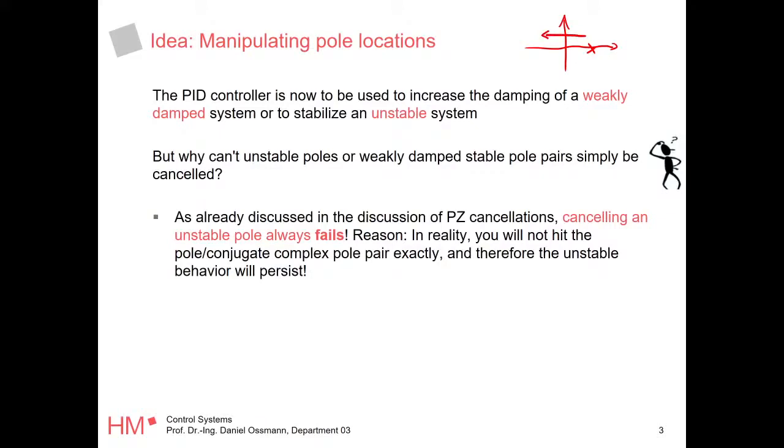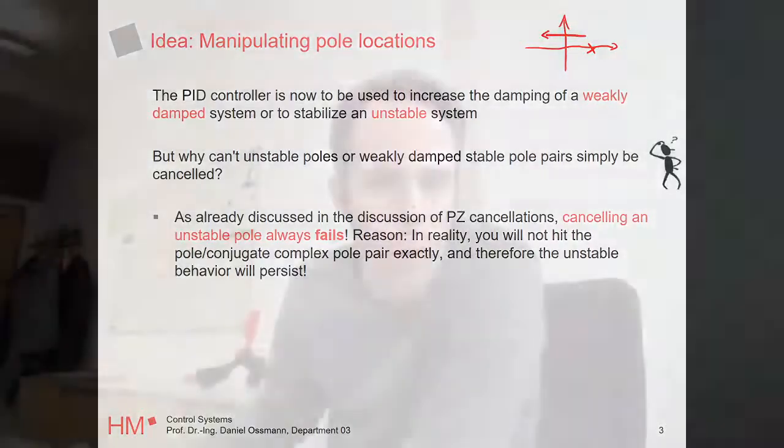Because if your system G of s has a pole in the right half plane, and you are able to design a controller to move that pole, to drag it over to the left half plane, you're done. Because what you want is to provide the user a closed loop system which is stable, right? So although the aircraft can be unstable, or a rocket's definitely always going to be unstable, right?